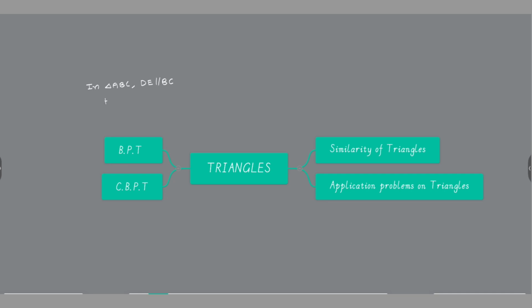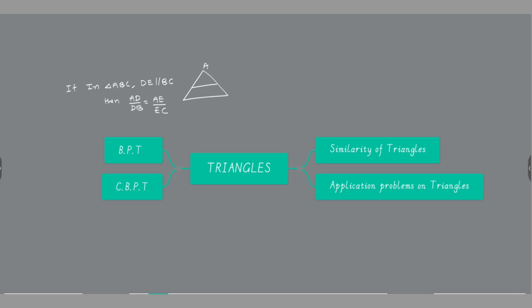Then AD by DB is equal to AE by EC. It is a very important topic in triangles.